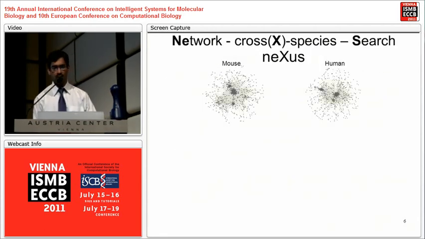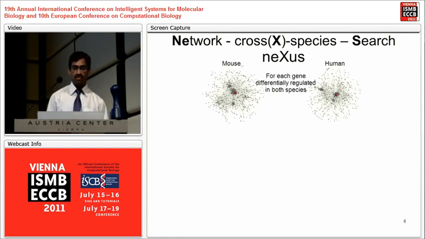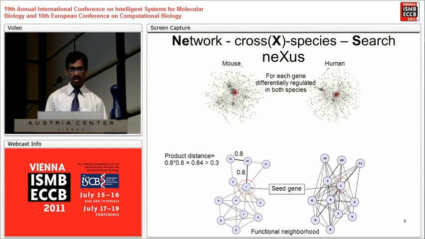I will describe my approach. We call our approach Nexus, and we start with the functional linkage networks for both mouse and human, and we start with genes that are differentially regulated in both species. We start with each gene in this set, and for each seed gene we find its functional neighborhood.